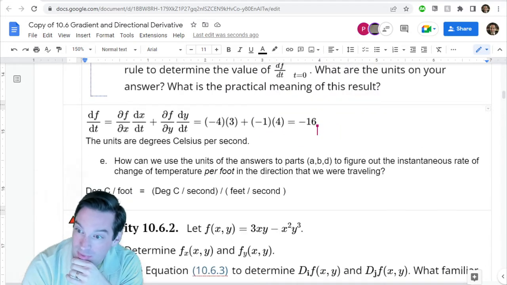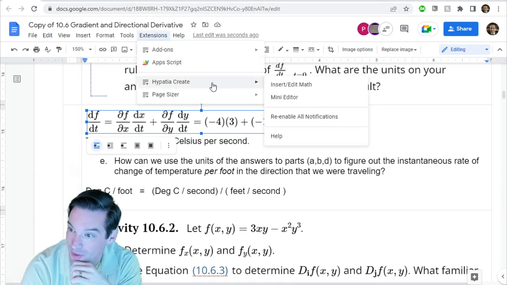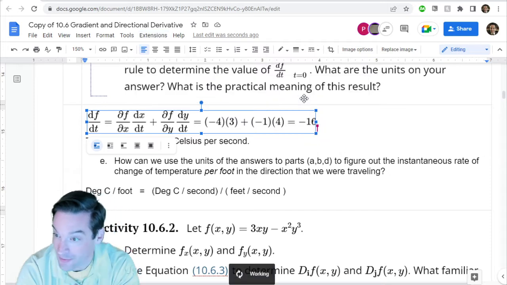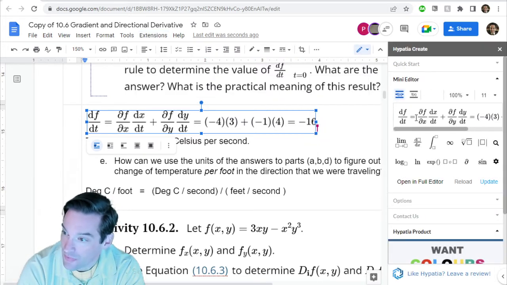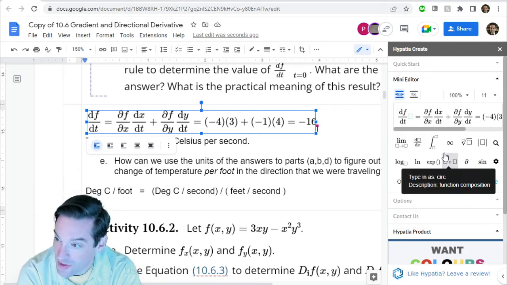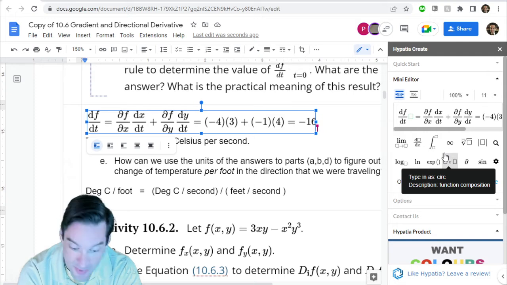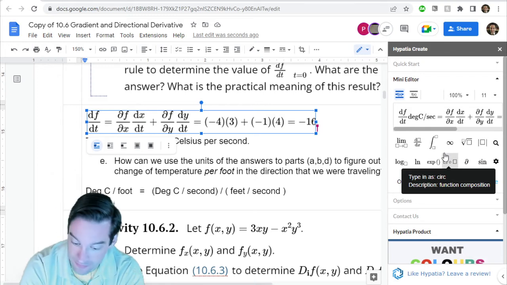Another way to see this might be to go back into this chain rule calculation one more time and really mine this equation for gold here. So the df dt over here on the left side of the equation, that's a rate of change that's being measured in degrees Celsius per second, right?